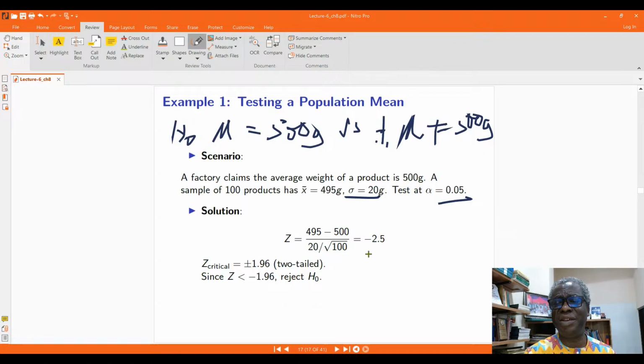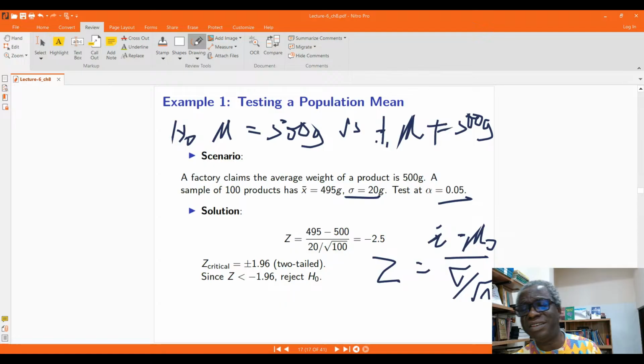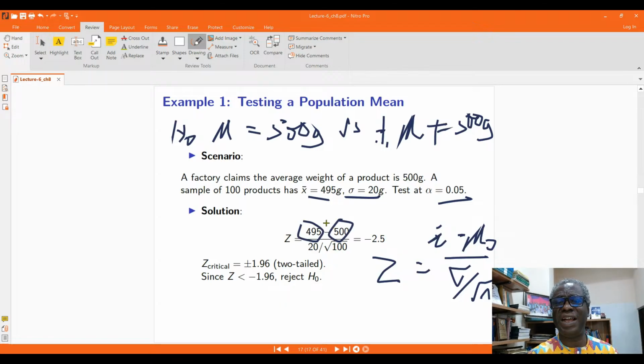So the third step is to calculate the Z statistic. Remember, the Z statistic is the X bar minus the hypothesized value over sigma over root of n. So that is the formula for the Z statistic. If you substitute, this is the average from the sample. This is the hypothesized value, 500 gram.